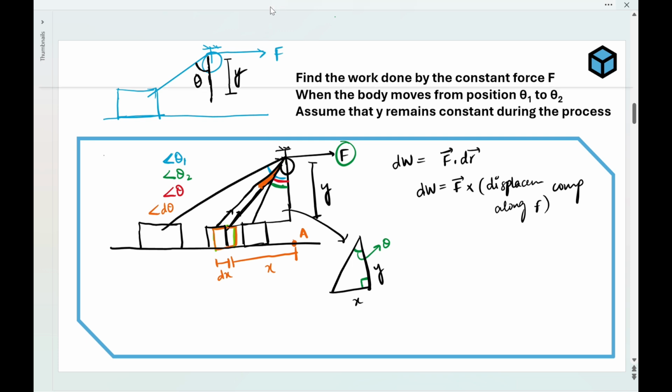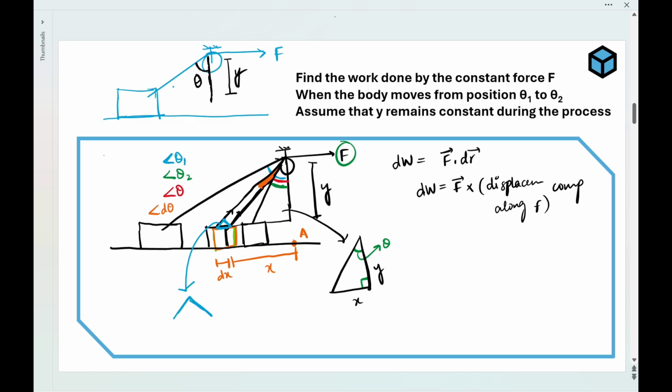So we should also consider this small triangle. Let me highlight it with blue color. See, this small triangle is very important here. So bring this small triangle out.